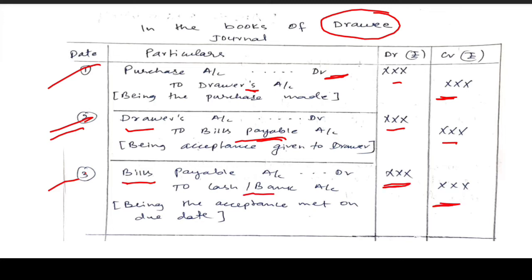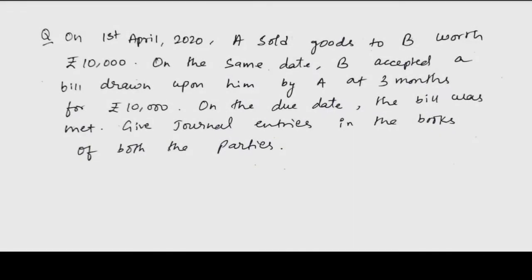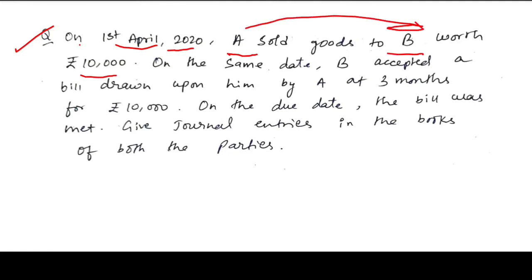Let's do one question so that this concept will be clear to you. The question is, on 1st April 2020, A sold goods to B worth rupees 10,000. On the same date, B accepted a bill drawn upon him by A at 3 months.